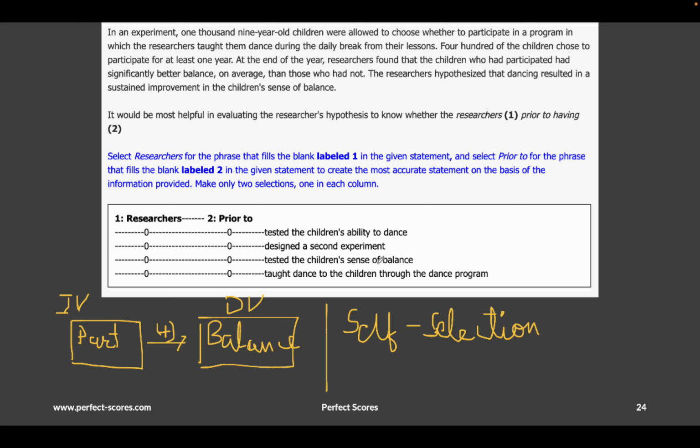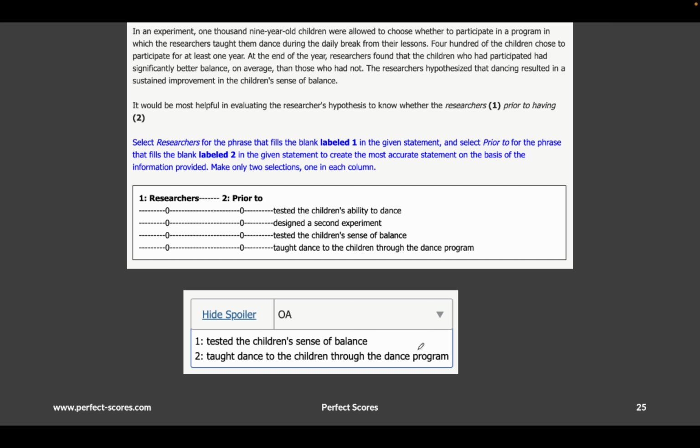So it would be most helpful if the researchers could have tested children's sense of balance prior to teaching them to dance in the program, right? So prior to dance participation. So this would be number 1, and this here would be number 2. So that's the answer here, right?